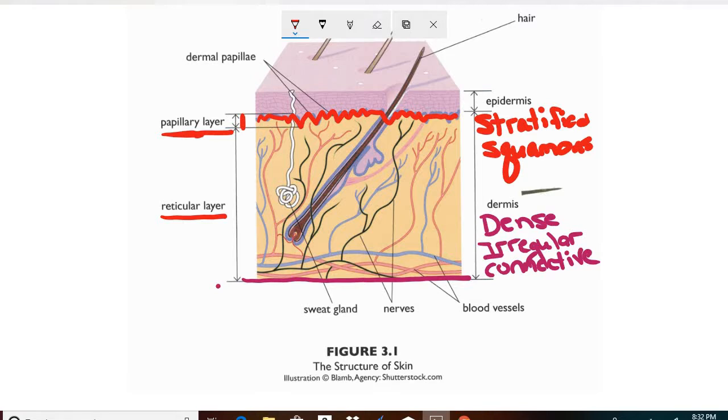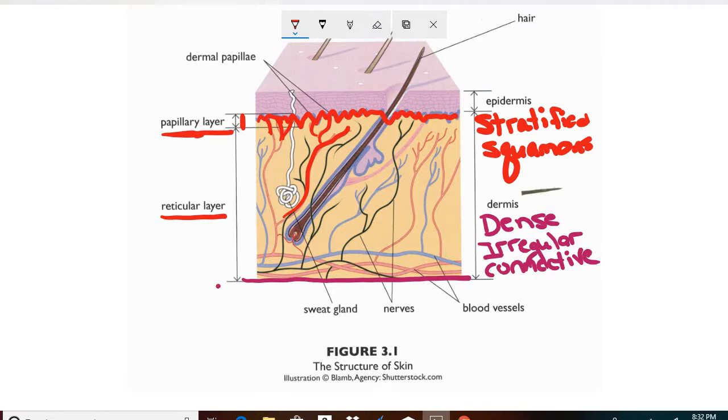The purpose the papillary layer serves is that it helps to bring the blood vessels, these red things, closer to the dermis. So remember when we learned about tissue, we learned that the epidermis does not have a blood supply. So these dermal papillae help to bring that blood supply closer.